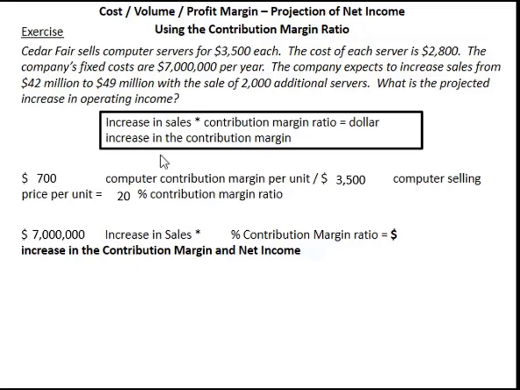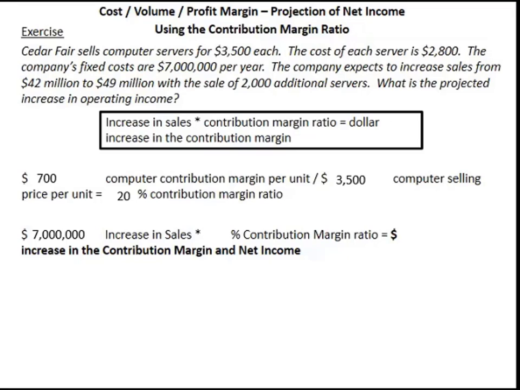Now, we're assuming right now that our sales are going to increase from $42 million to $49 million. That means we have a $7 million increase in sales. The question is, what is that increase in sales going to do to our contribution margin and our net income?